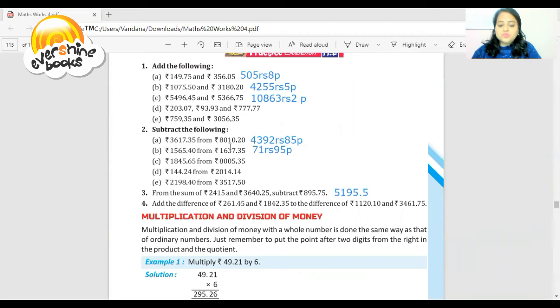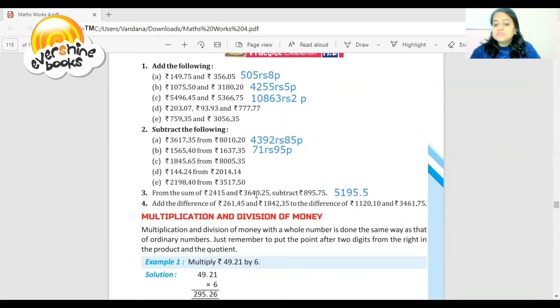And in this you have to choose the bigger one first and write in a proper column, rupees and paise, and the answer is 71 rupees 95 paise. Now students, come to this third question. From the sum of rupees 2,415 and 3,640 rupees 25 paise, you have to add both the amounts, then after that subtract 895 rupees and 75 paise.